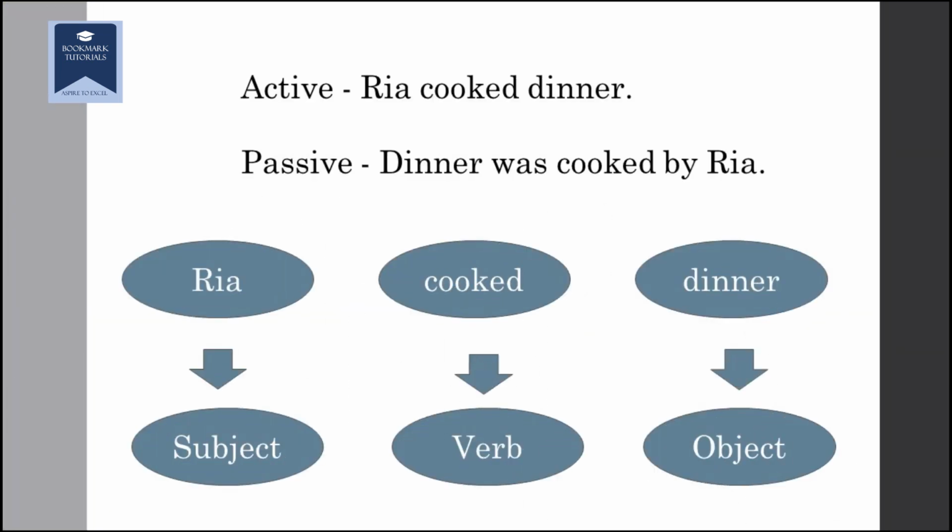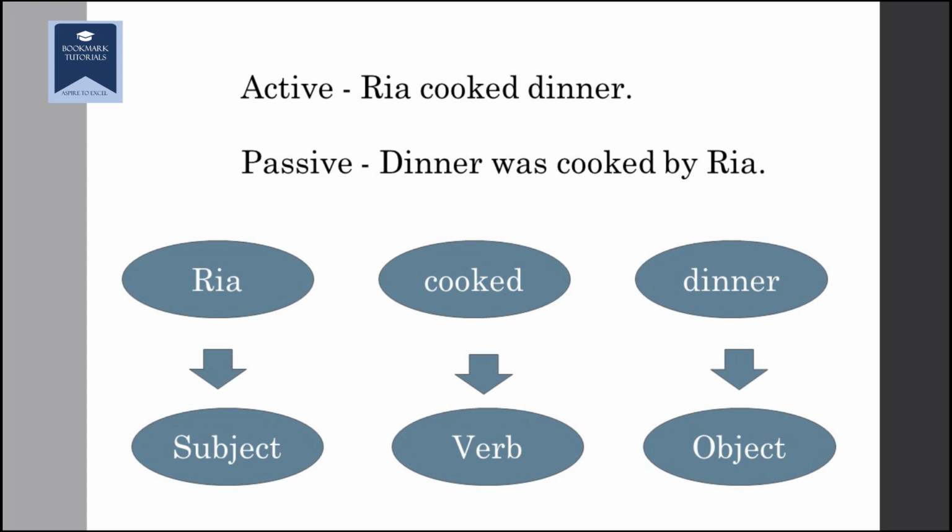Let's look at the three major components of these sentences. Ria, here which is the name of a person, is the subject. The subject is the doer of an action. Cooked is a verb or the action that is being done by the subject.